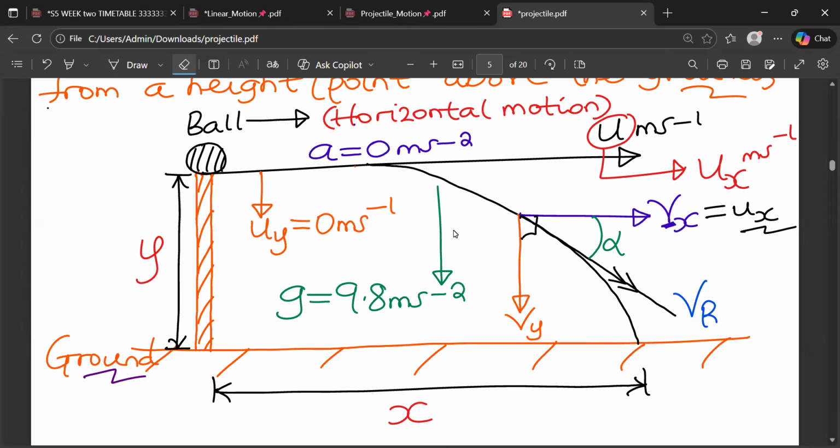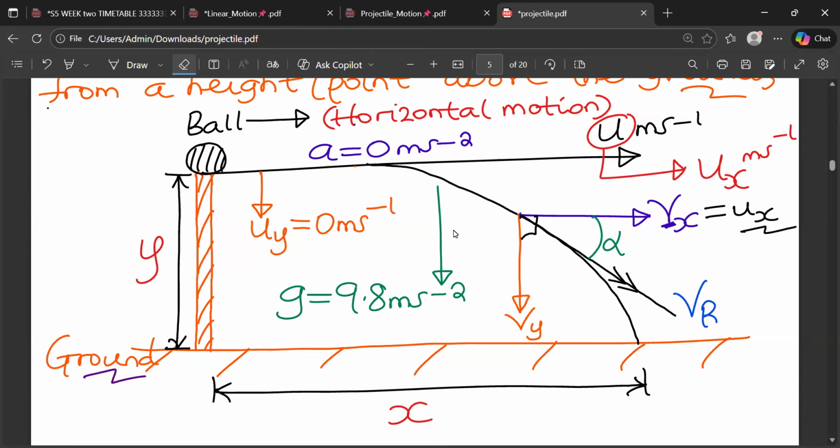That is according to the diagram. But I'm going to show it to you from the first equation of motion so that you choose. You either use the diagram and say Vx is the same as Ux, or you use the first equation of motion and find out.